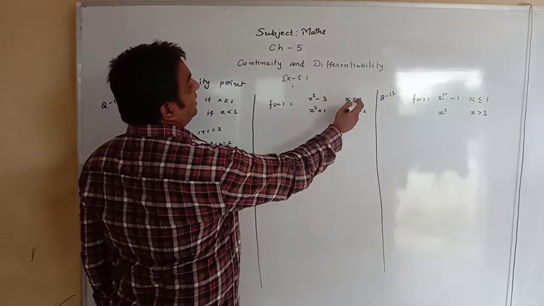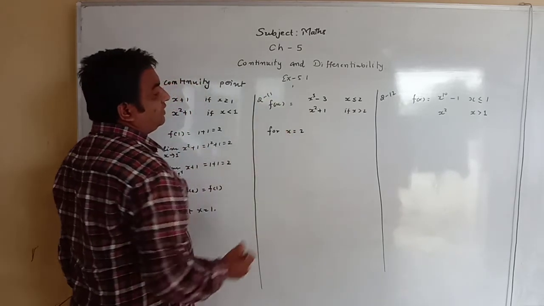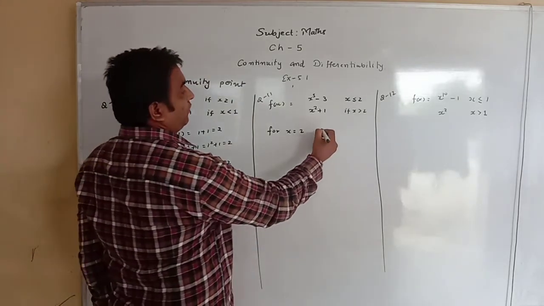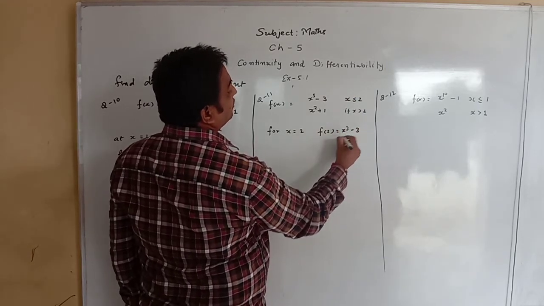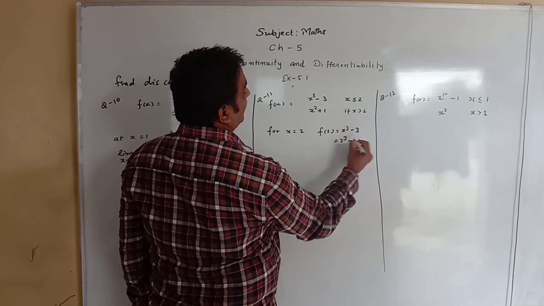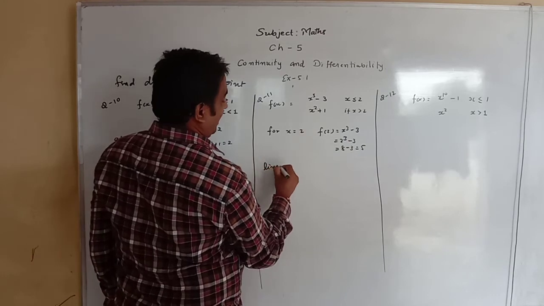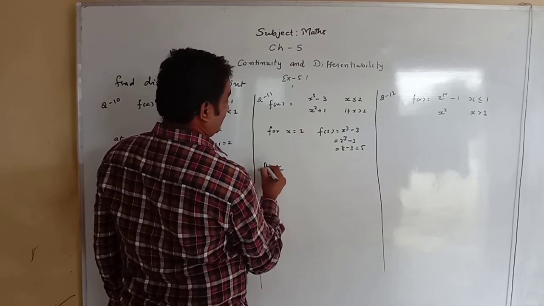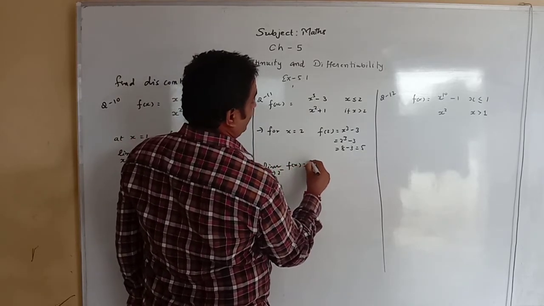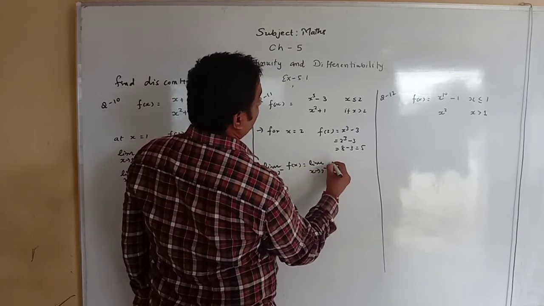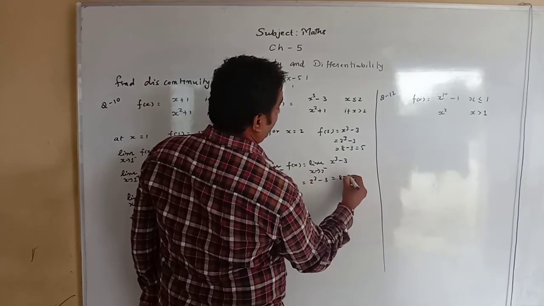In the same way here, the function is changing at x = 2 in question number 11. We calculate f(2). For x less than or equal to 2 it is given x cube - 3, so 2 cube - 3, which is 8 - 3 = 5. Now we check the left limit as x tends to 2 minus of x cube - 3, so it is 2 cube - 3, again 8 - 3 = 5.